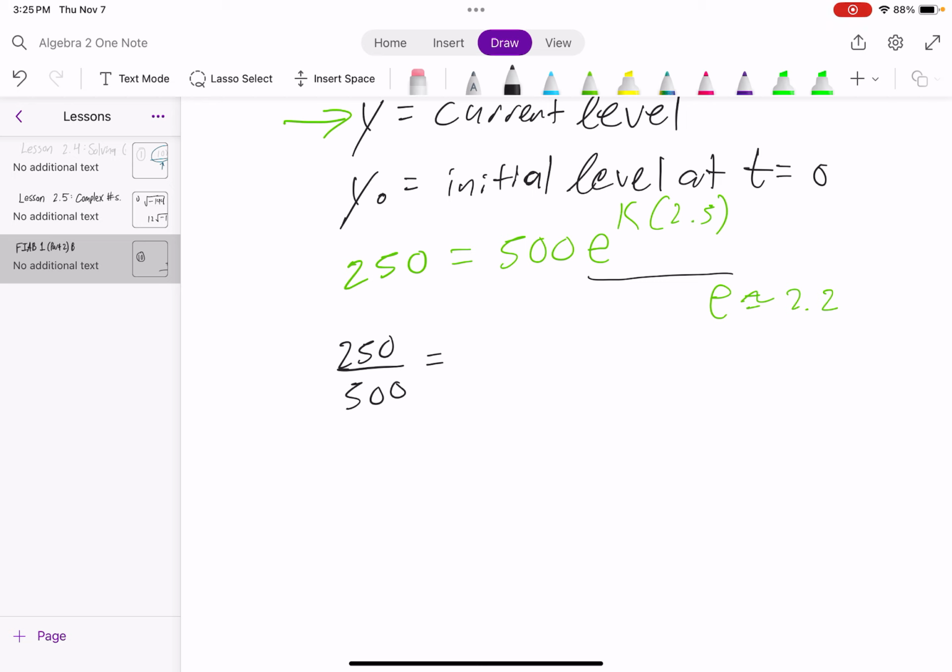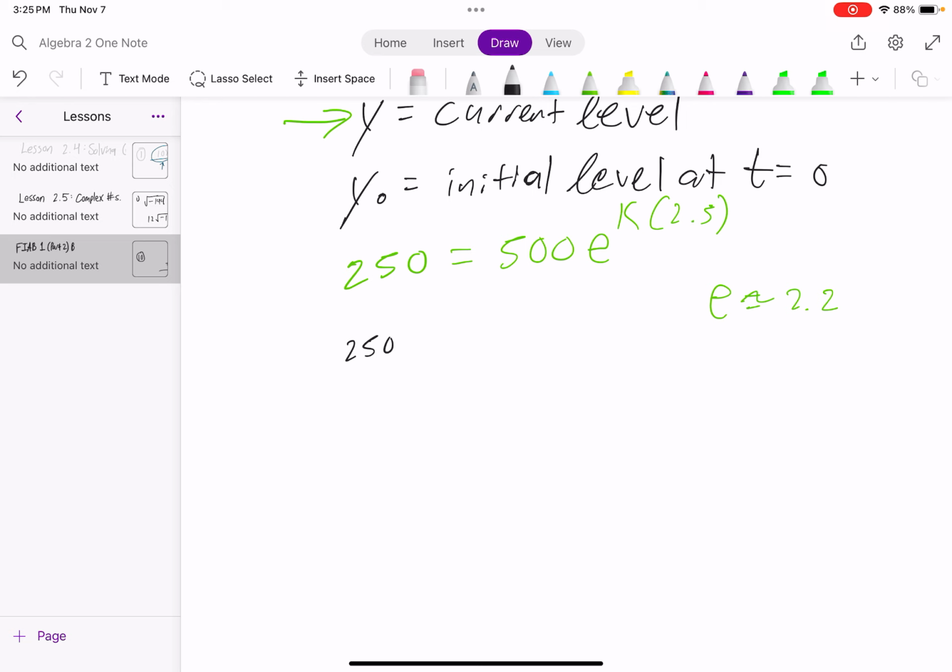Now, the opposite of e is ln. So we're going to ln both sides. And that's what we get on the left. And on the right, we're left with only, and if you want me to take it step by step, I can.